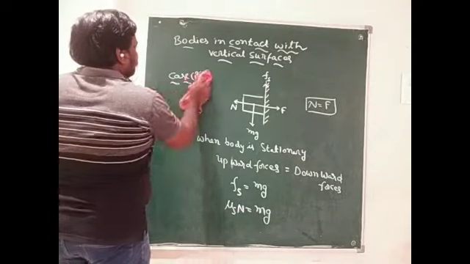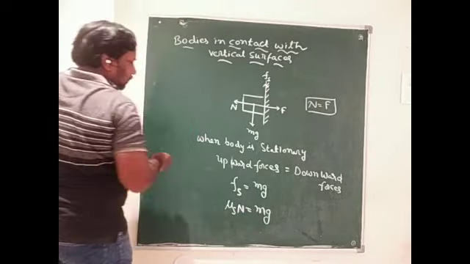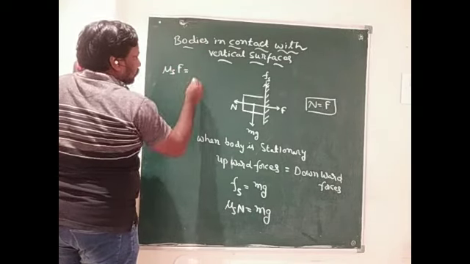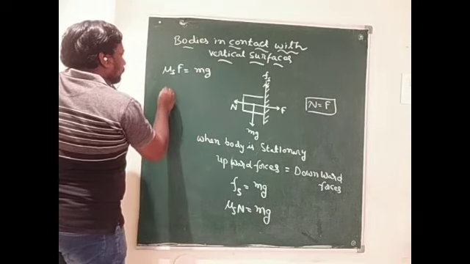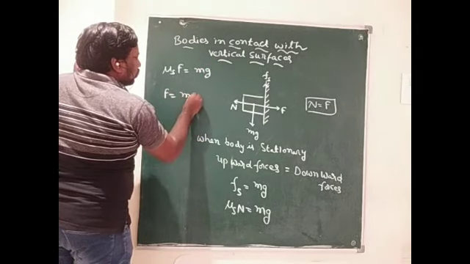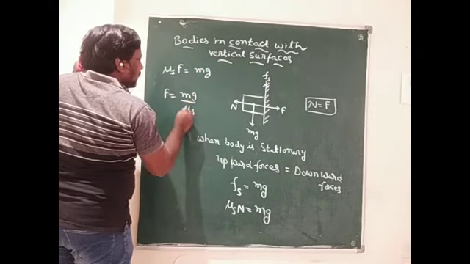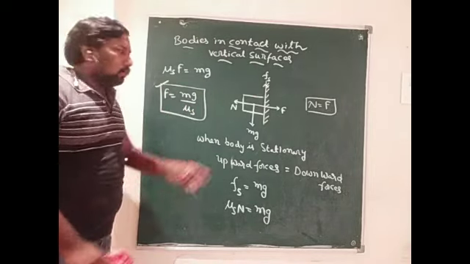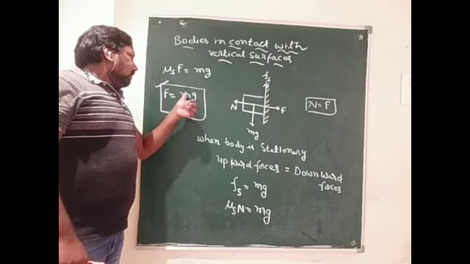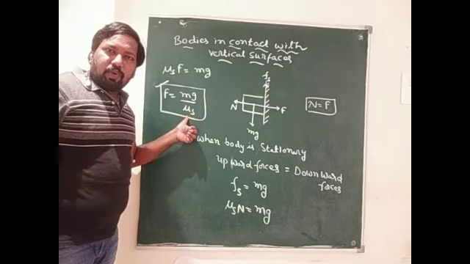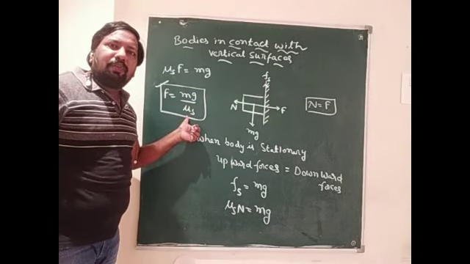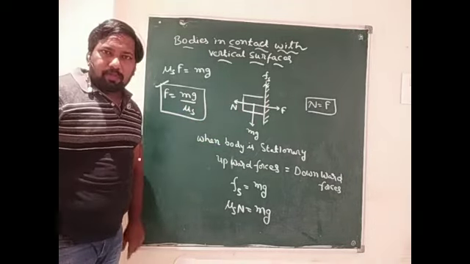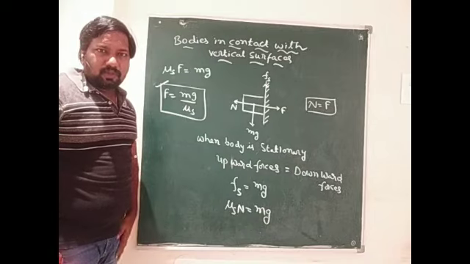So therefore mu s into F is equal to mg. So therefore F equal to mg by mu s. Here F means pressing force acting on the body is mg by mu s. Here mu s is the coefficient of friction between the block and the vertical wall. Here mg is the weight of the block. So this is case 1.